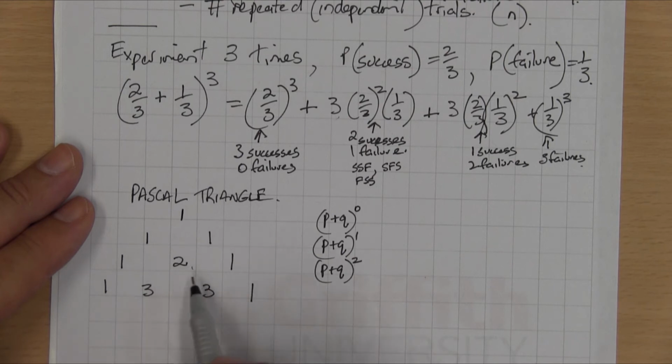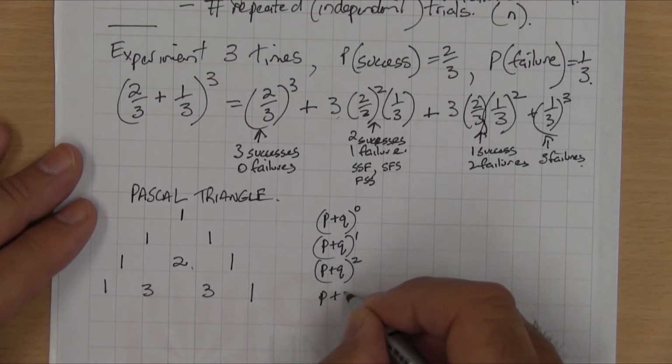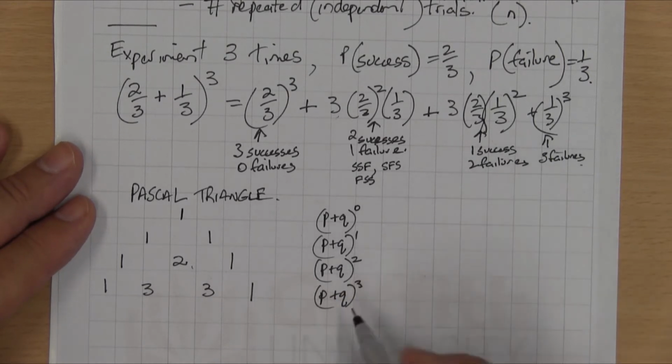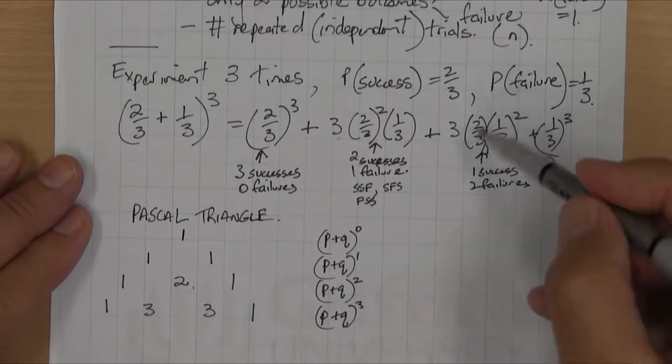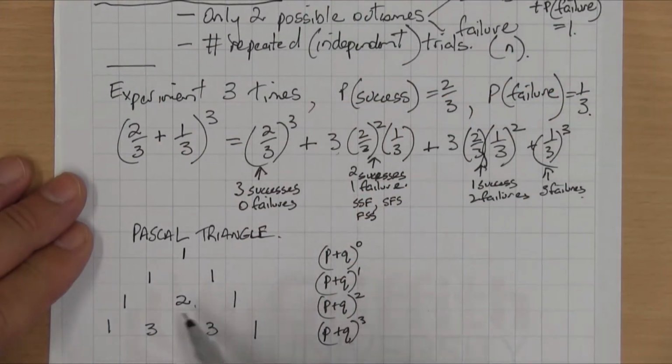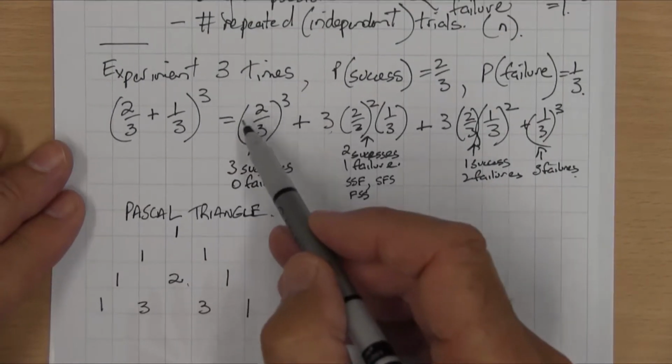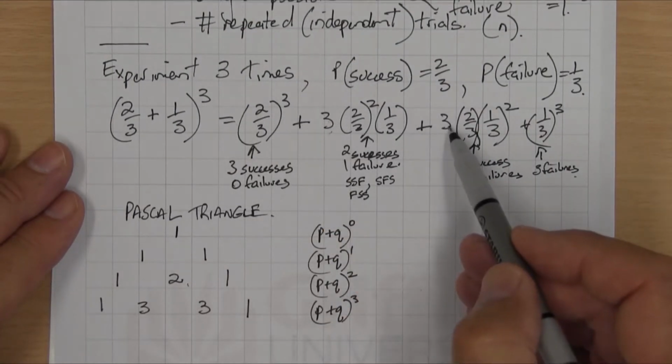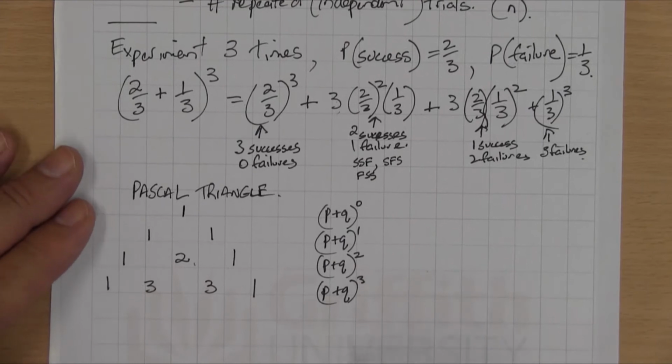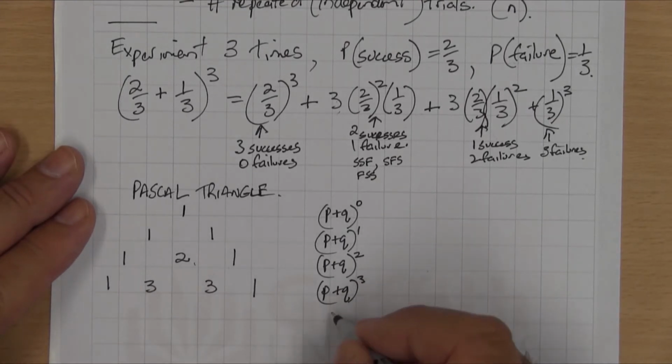P squared has a coefficient of 1, 2PQ, you get the 2 there, plus Q squared, which is 1Q squared. This is P plus Q to the power of 3, and we refer back to doing the expansion here. These numbers here give us the coefficients 1, 3, 3 and 1, and so on.